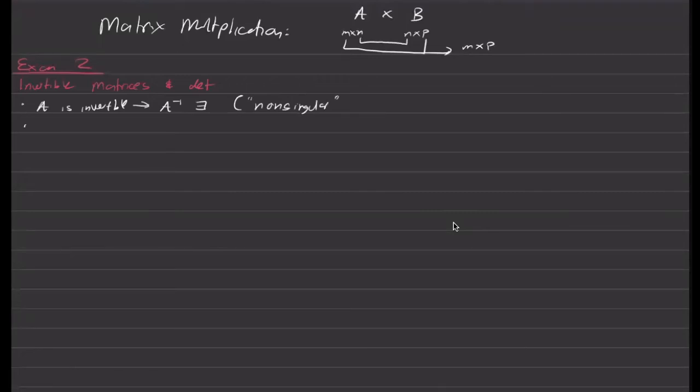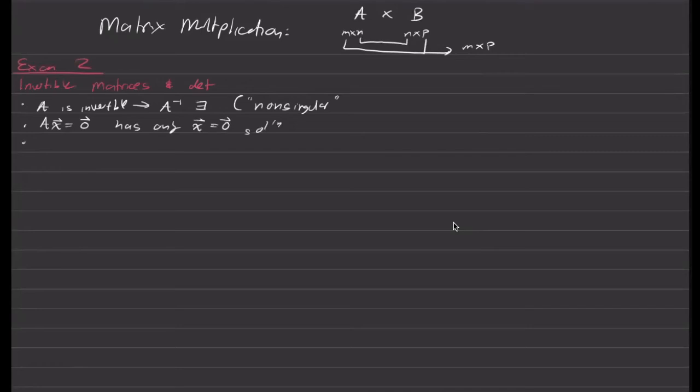This also means that if A is invertible, AX equals 0 only has one solution. It only has the solution of the 0 vector.